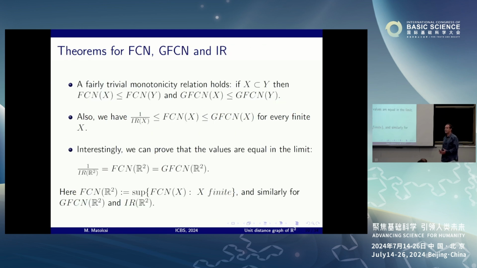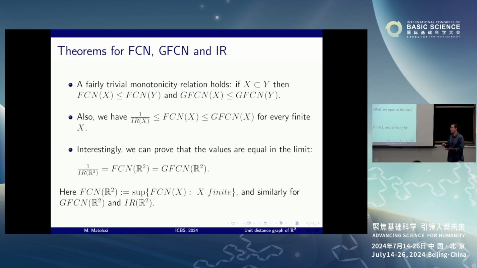First of all, let's see some theorems connecting fractional chromatic number, geometric fractional chromatic number, and independence ratio. And the interesting fact is that in the limit, these things behave very nicely. First of all, there are some fairly trivial monotonicity relations for both the fractional chromatic number and the geometric fractional chromatic number. If you increase your graph, you add more and more vertices, then these parameters can only grow.